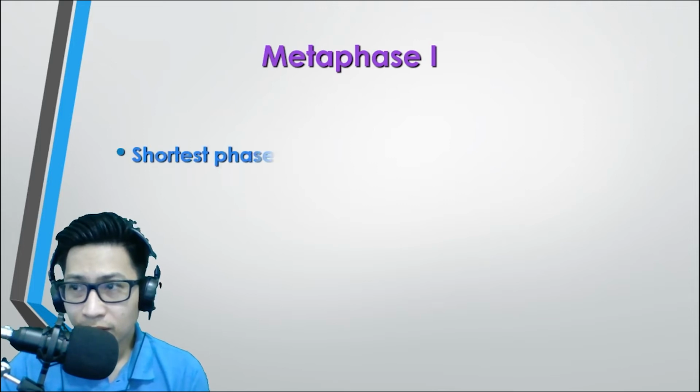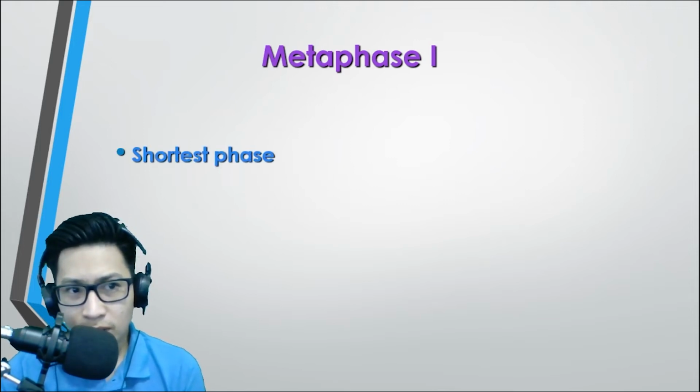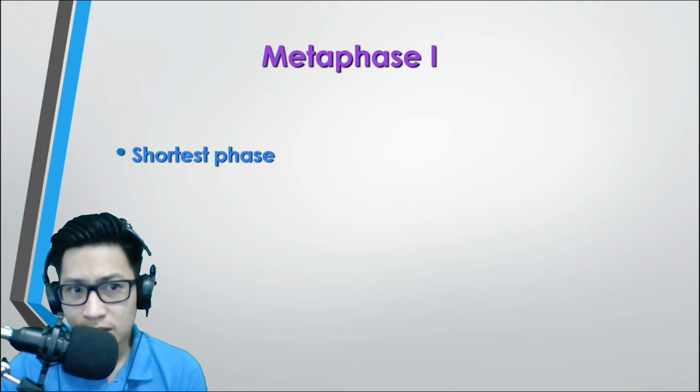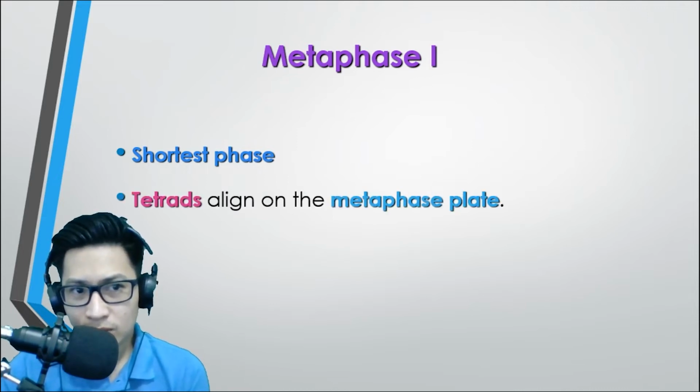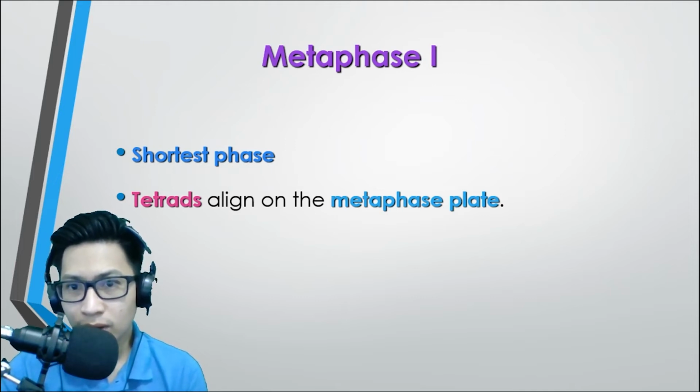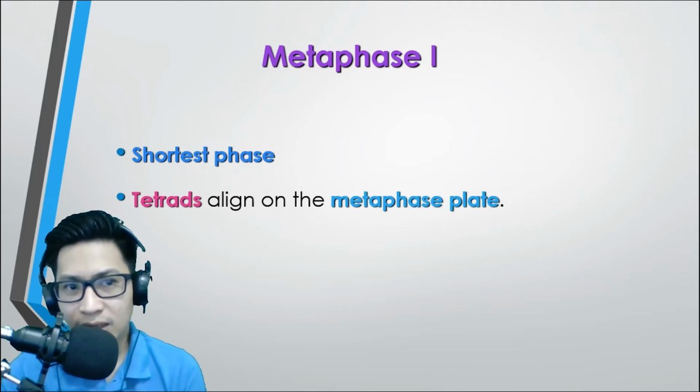Okay? Next, let's have the Metaphase I. The Metaphase I is considered the shortest phase of the meiosis. The tetrads align on the metaphase plate, katulad din nung sa mitosis. In mitosis, the chromosomes will align at the center, which we call the metaphase plate.